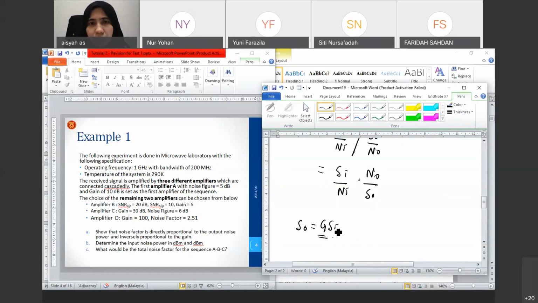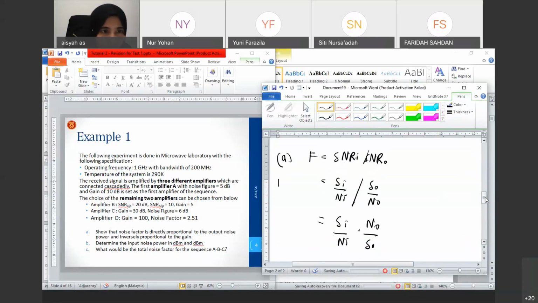So okay, for the question, this means the question wants you to show that the noise factor F is proportional to the output noise.